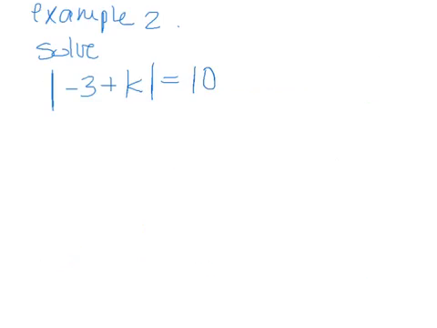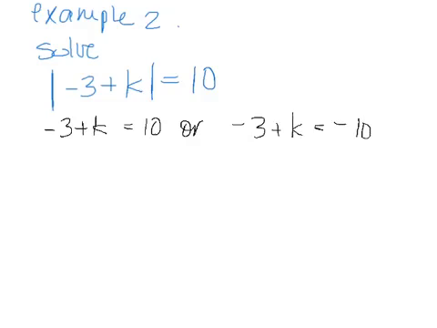Okay, let's try an example. Solve. These are equalities we're solving. The absolute value bars are already by themselves on the left-hand side of the equal sign, so we set up two equations. -3 plus k is equal to 10, or -3 plus k is equal to -10. Okay, that's what we learned before.